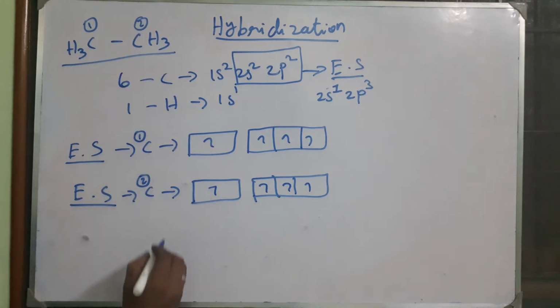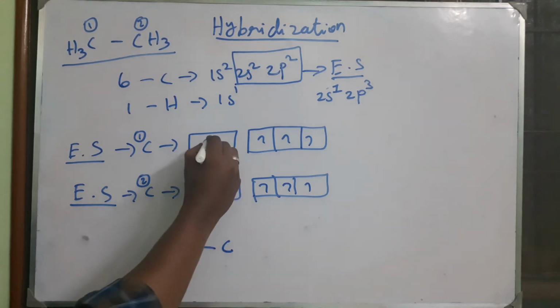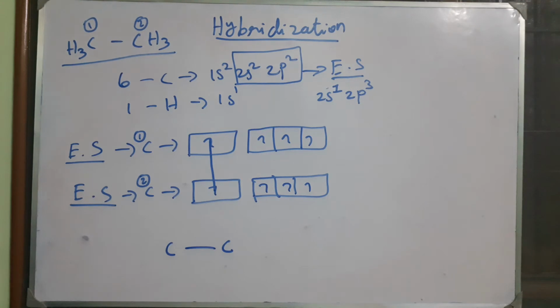First of all, carbon single bond carbon. These 2 electrons are bonded together, so between the carbon atoms one single bond is forming.